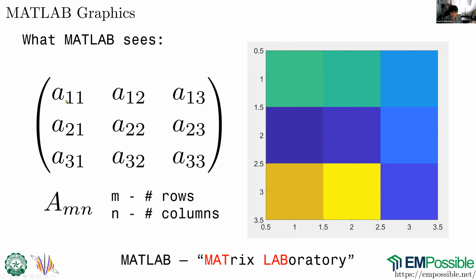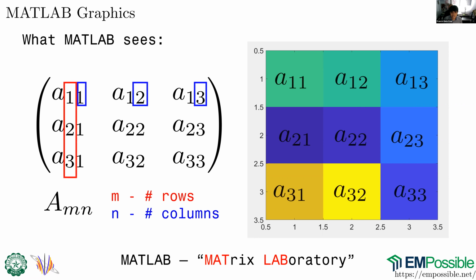Your matrix has m rows, 1, 2, 3, and of course n columns. If you want to visualize this matrix using imagesc, you will see this one. The data inside A11 will be plotted here, and so on. So it always starts from the top, going down to the bottom, and that's the nature of matrices.